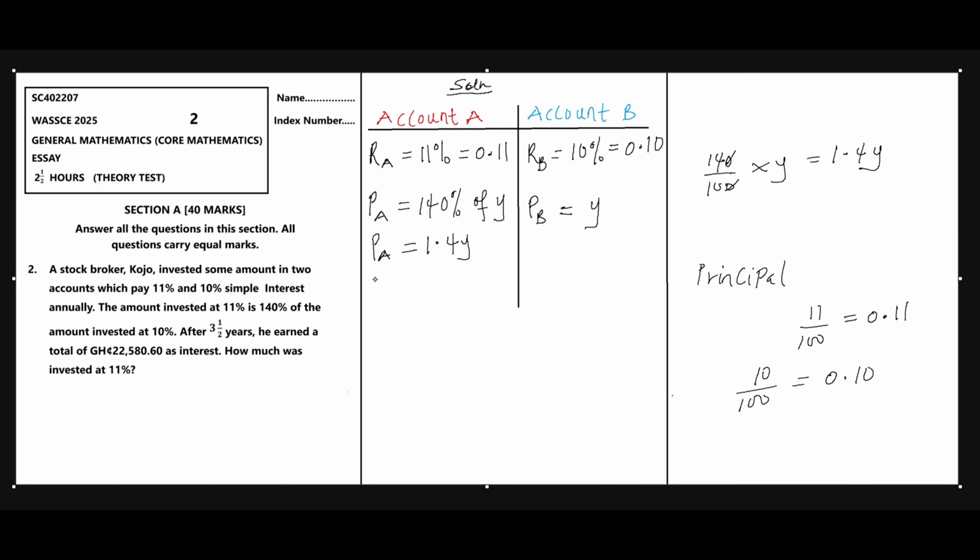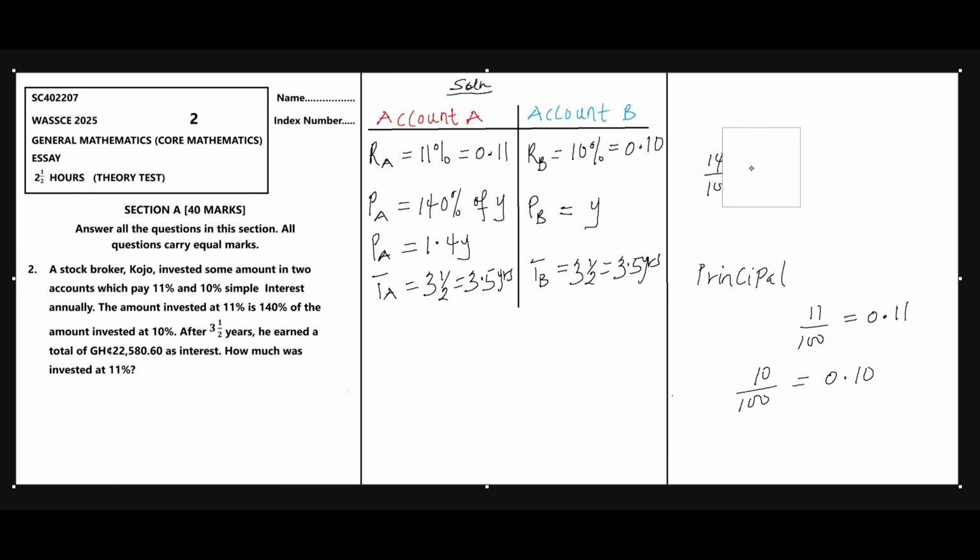So the time for account A is 3.5 years, which is also the same as the time for account B, which is also 3.5 years.